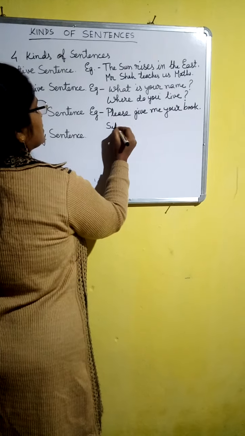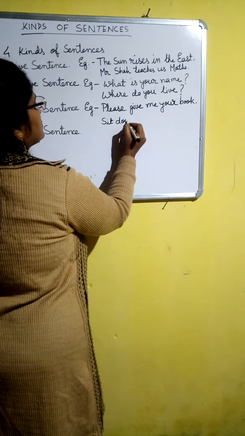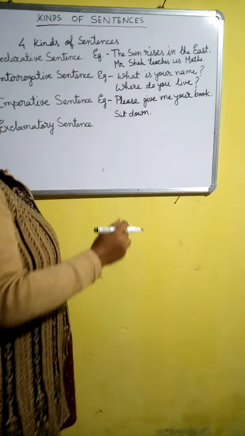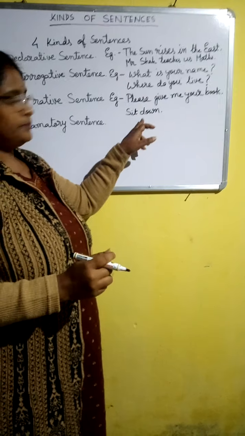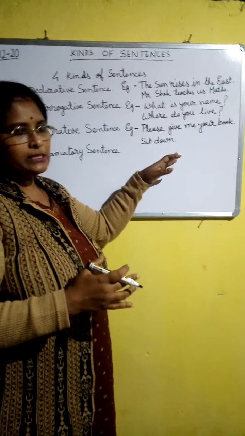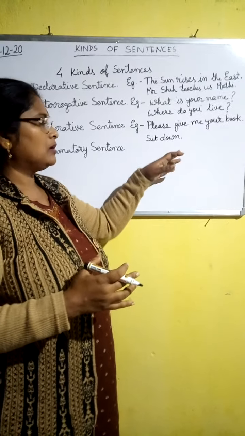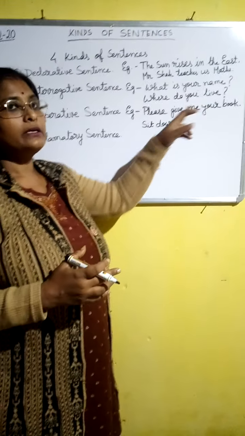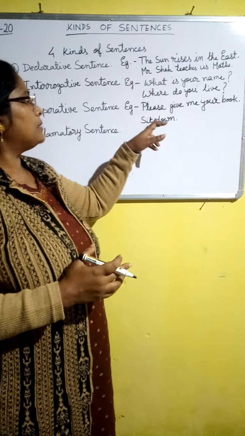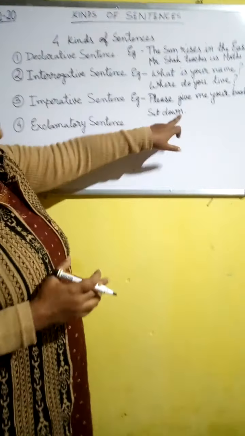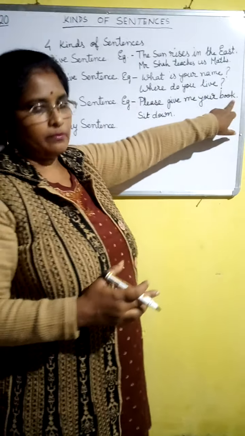Sit down or close the door. These are orders. Sit down, close the door. Like that, these sentences are giving some orders or commands. And please give me your book. This is a request. And always remember, imperative sentences end with a full stop.